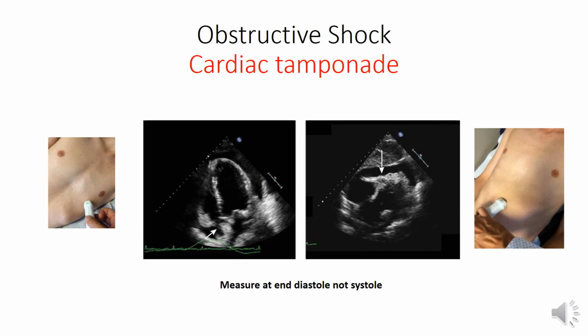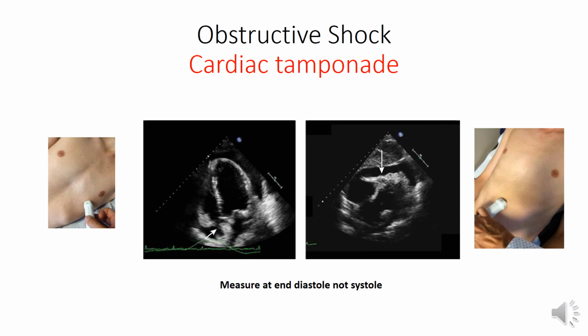So how do we assess cardiac tamponade? First, as we said before, we measure the effusion. This might be helpful in deciding if it is feasible to drain it through a percutaneous method, subcostal drainage.